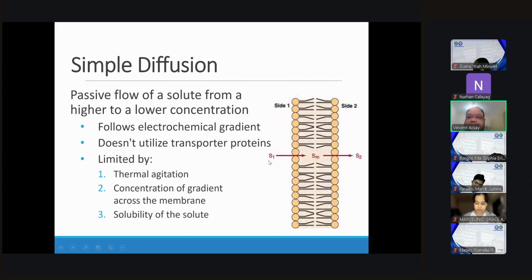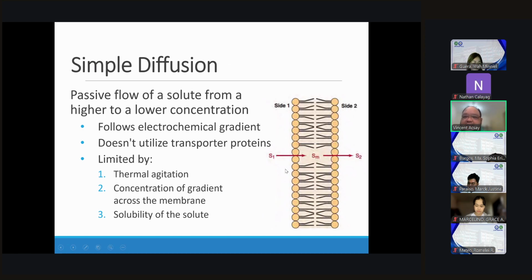An example is one side has 100 molecules, the other side has 0. There is a high rate of diffusion from the 100 to the 0. As compared to one side containing 60 and the other side containing 40. Because the concentration gradient is not as big, the rate of diffusion is slower.